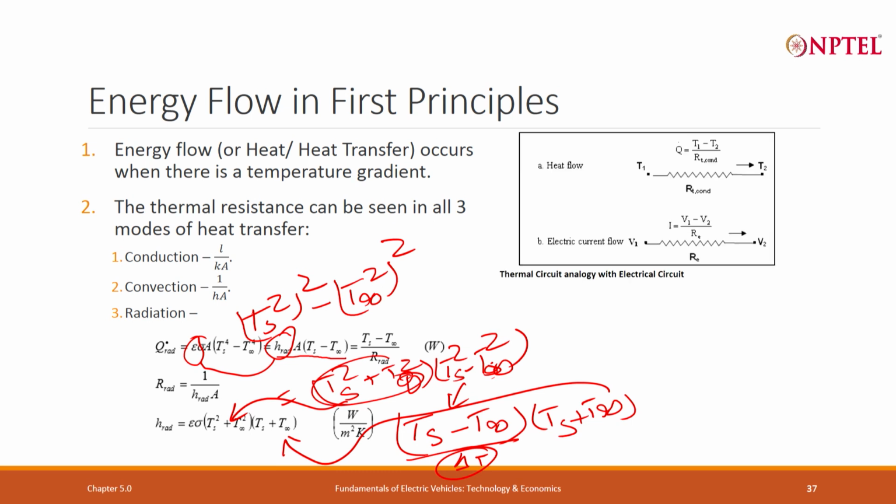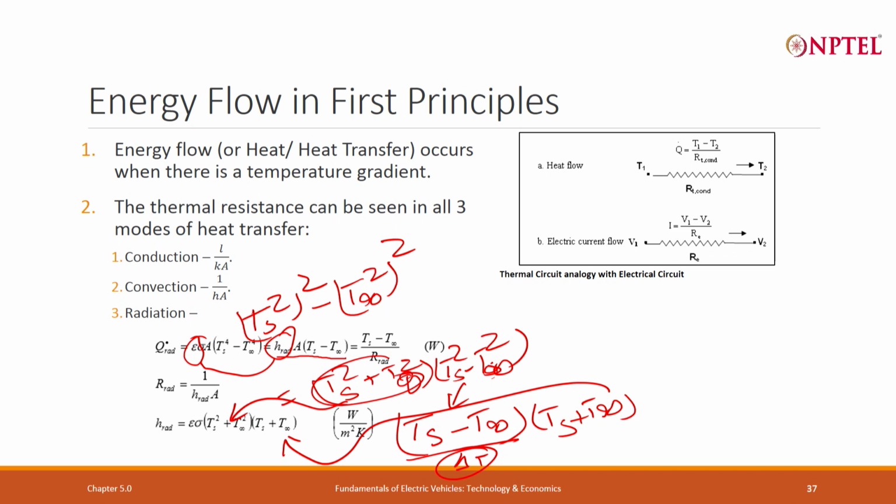How do you compare this with heat flow and electric current flow? Similarly, for heat flow you need two different temperatures, and there would be a heat flow, and you can say Q is nothing but delta T by R, where R is thermal resistance. It could be conduction, convection, or radiation.